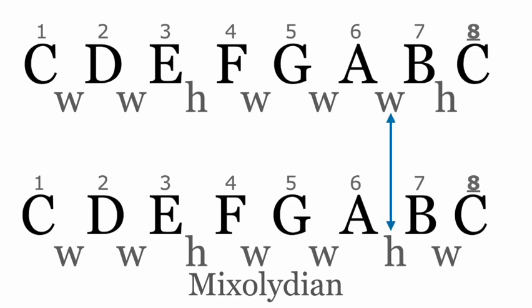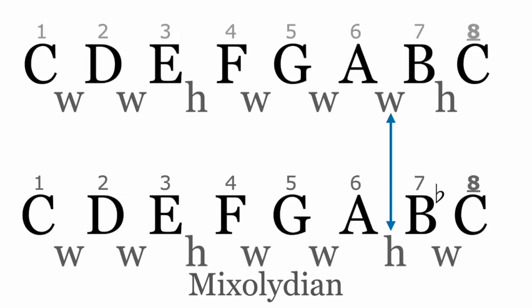Now, when we look at that whole step and half step between the sixth and the seventh, we can understand that the half step from A to B means we have to have a B flat.